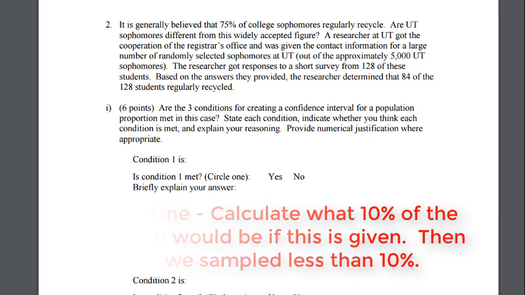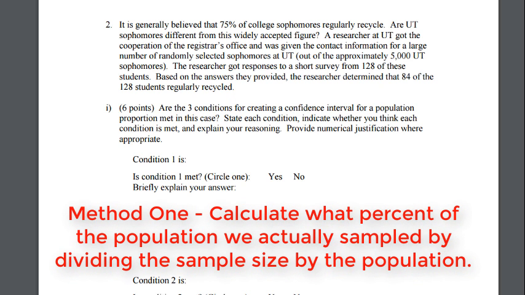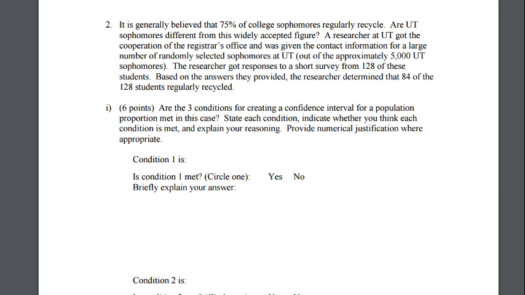And you could do a lot of different things right here. You could just divide 128 by 5,000 and show that it's a much smaller percent than 10%. Or you could say 500 is 10% and 128 is smaller, thus is less than 10% of UT sophomores. Just make sure to be clear and concise and show that we have sampled less than 10% of all UT sophomores. Now the last one is where you have to pause and think.